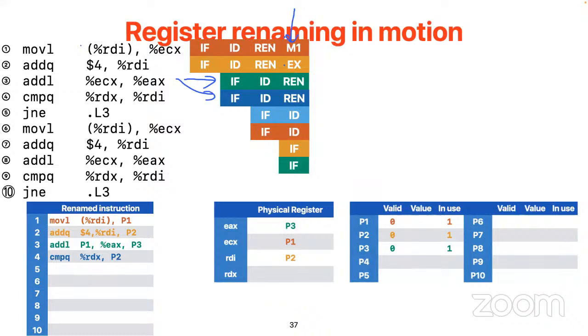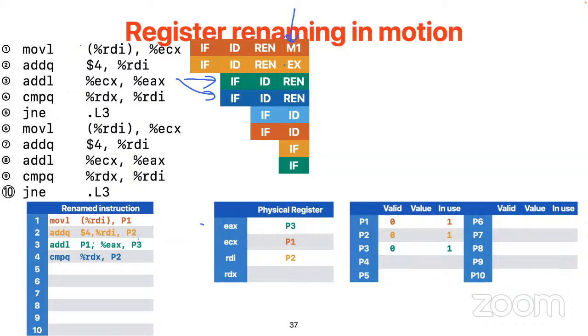For instruction 3, the EAX value is still from the original input. However, for the output, we are overriding the EAX. So in our mapping table, we know the up-to-date EAX would be in a new register called P3.